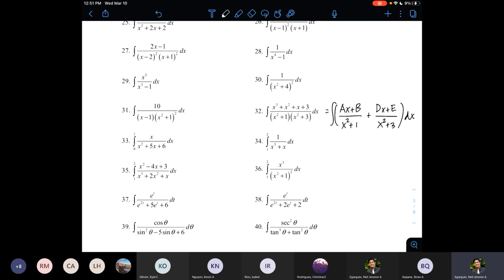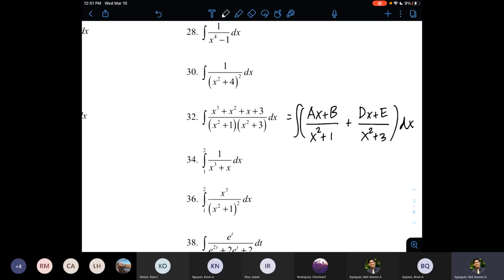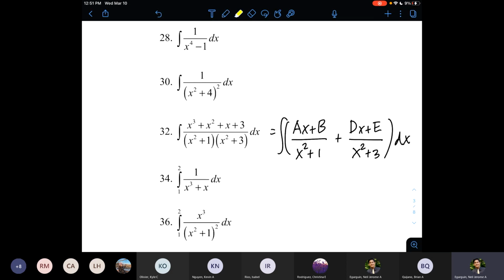Because even though these quadratic factors are not repeated, this is quadratic. And again, as I mentioned earlier, for non-repeated factors, it will get one little fraction in the decomposition, but the numerator would be 1 degree less than itself. It's degree 2, so the numerator should be degree 1. The same thing here.